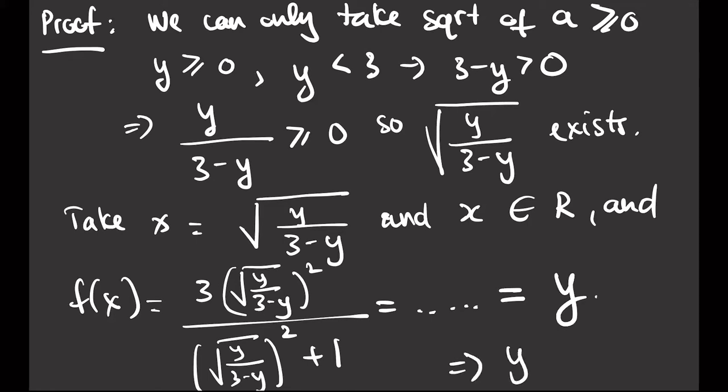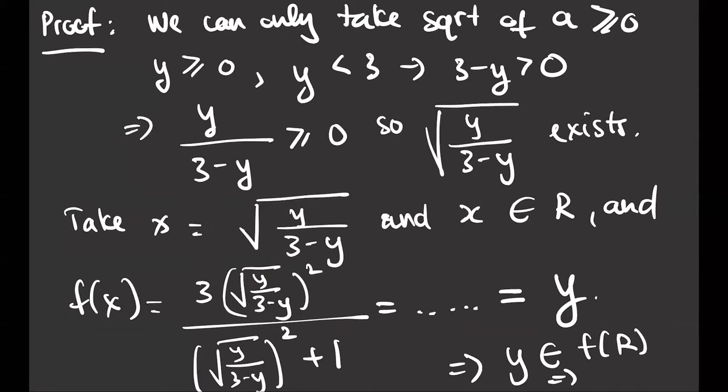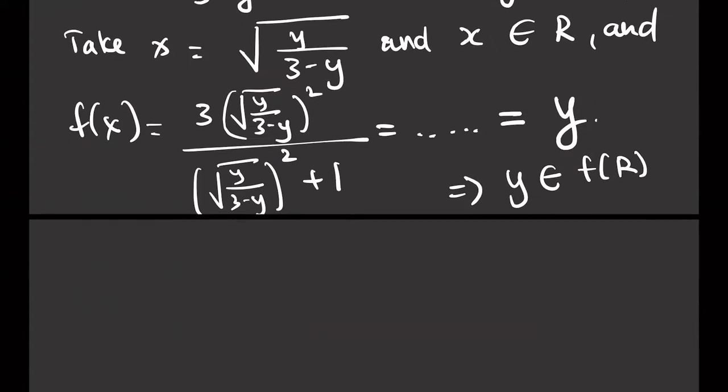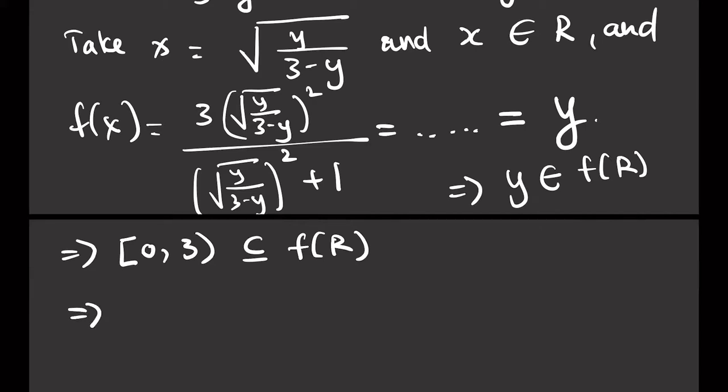And you can conclude that y is in f of R. So you started with y in the interval, and you finished by saying y is in f of R. Therefore, the interval is a subset of the image. And in part 1, we proved that the image is a subset of the interval. Therefore, they are equal.